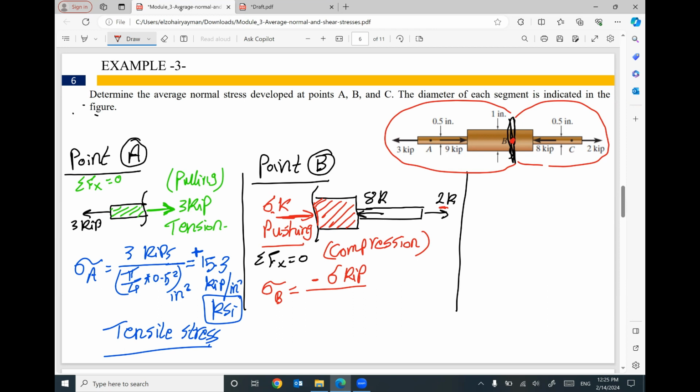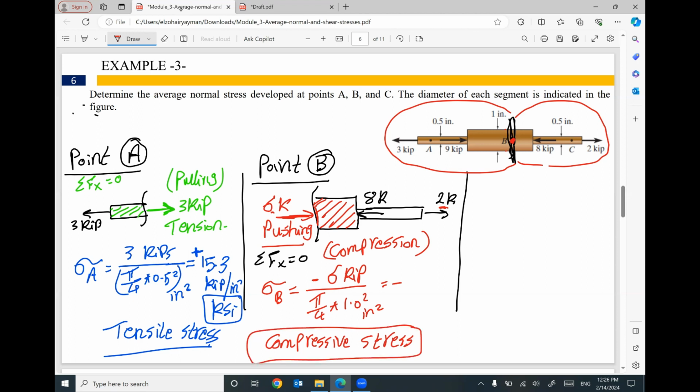At point B, the diameter of the member is 1 inch. So I have pi divided by 4 times 1 inch squared. This is 1 inch squared. So the stress will be negative. Negative means compressive stress. The applied force is pushing, not pulling.